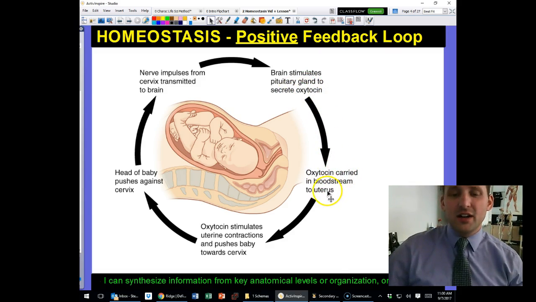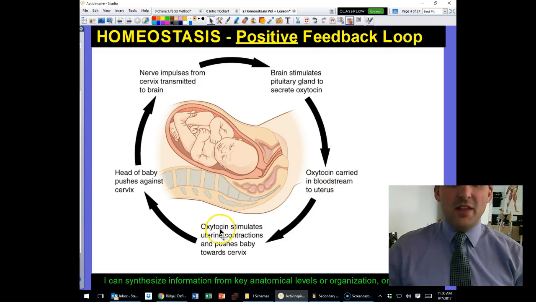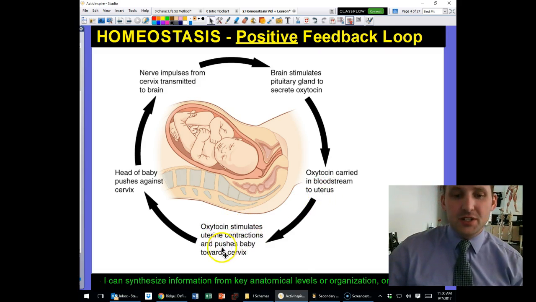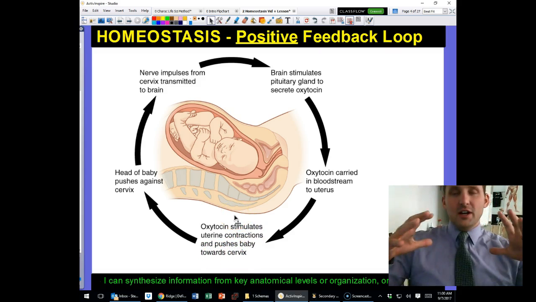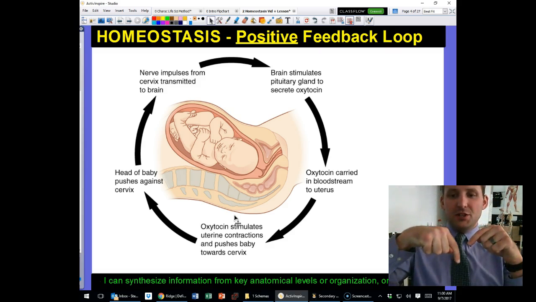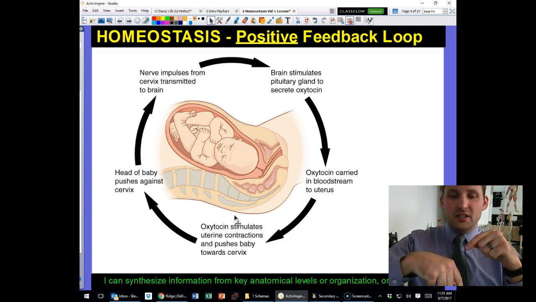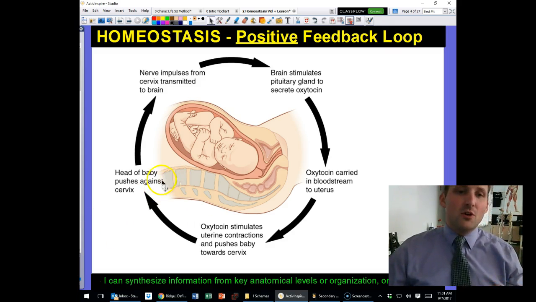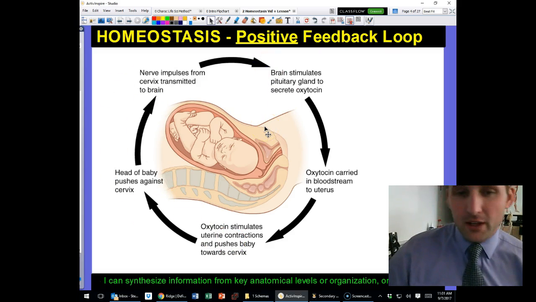That oxytocin is carried to the uterus, and it stimulates uterine contractions and pushes the baby towards the cervix. So the oxytocin causes contraction of the uterus, and that in turn causes the baby's head to push more against the cervix, which stimulates more of the brain, more oxytocin, and it gets more and more and more until finally the baby comes out.